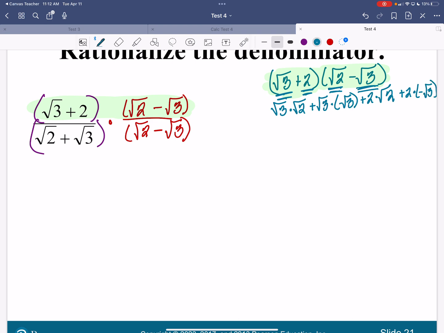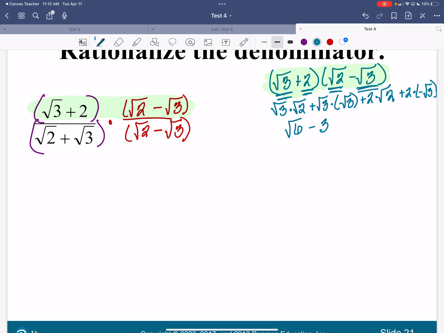Okay. Square root of 3 times square root of 2 is what? Square root of 6. Okay. What is square root of 3 times negative square root of 3? Good, negative 3. Because we've got to keep our negative. Square root of 3 times square root of 3 is going to be 3.